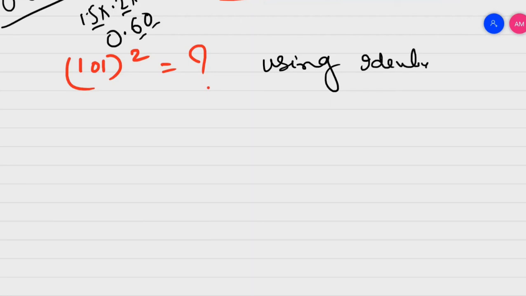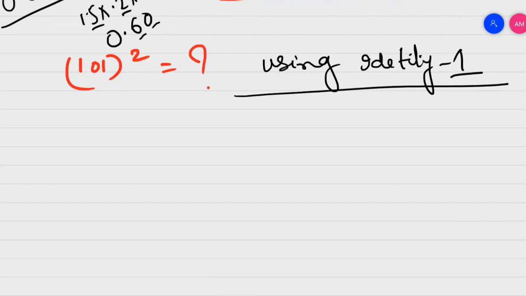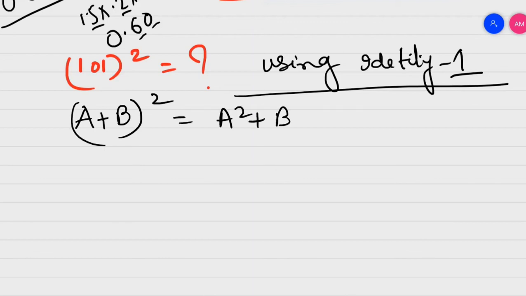How will you do it? Without taking much time, first of all write down your identity. Your identity is a plus b whole square is equal to a square plus b square plus 2ab. Without taking time, just write down the identity first.